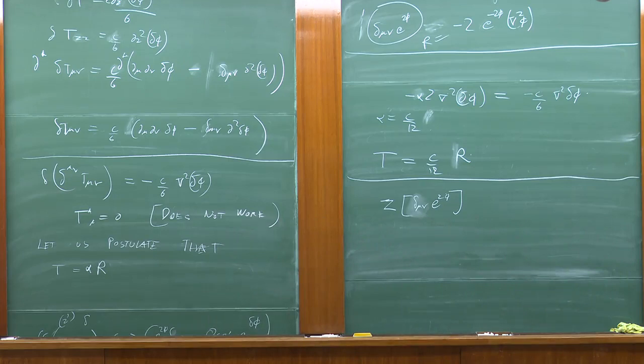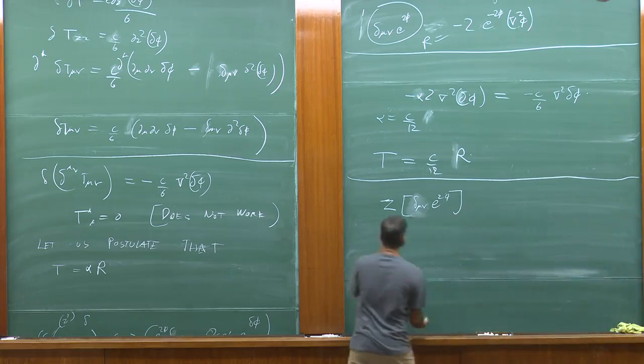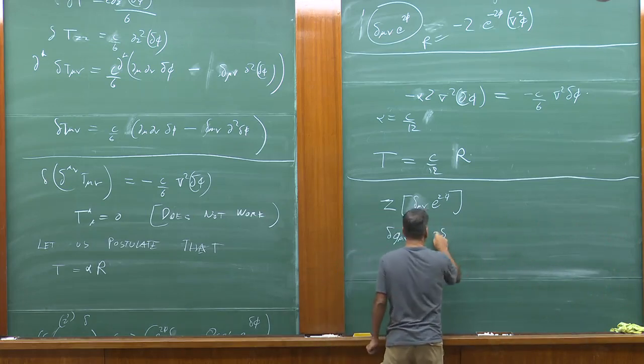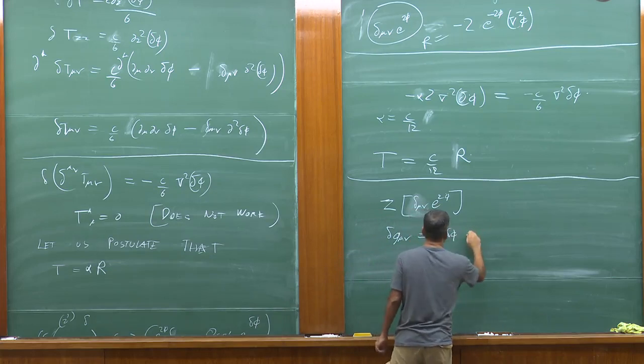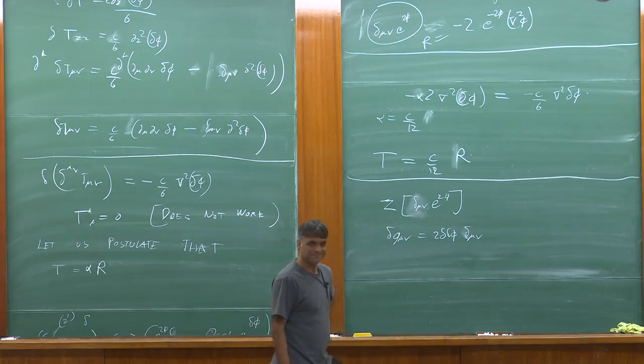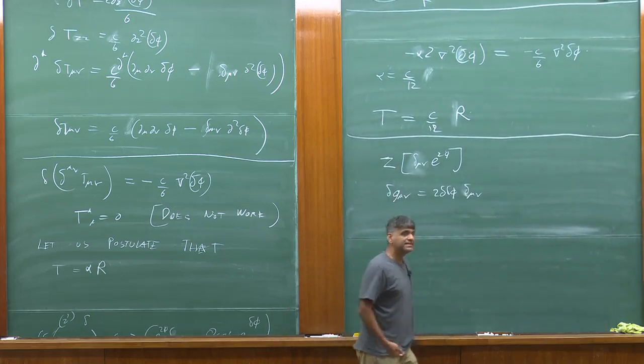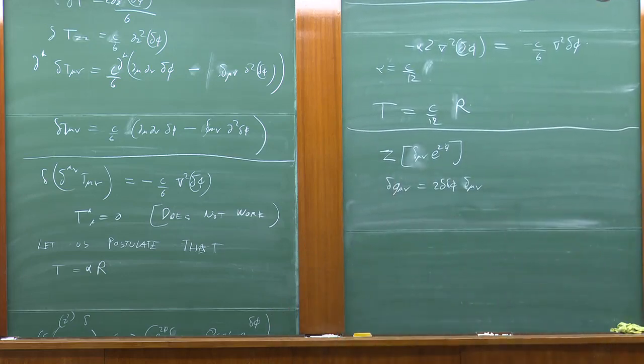Okay? Now, what that does is change the metric. So delta G mu nu is equal to 2 delta phi times delta mu nu. Now, the whole point in life of a stress tensor is that it is the response of a partition function, also a correlation function if you're doing it away from other operators, to a change in the metric.